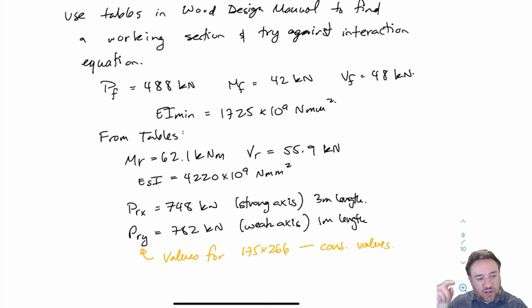And I'm going to plug all these into two of the interaction equations in order to see basically whether I am going to be okay or not before I go any further. Okay, so I haven't actually calculated PR and MR. I'm just going to use the values from the table just to check the axial load and bending interaction equation now, before I do too much effort.